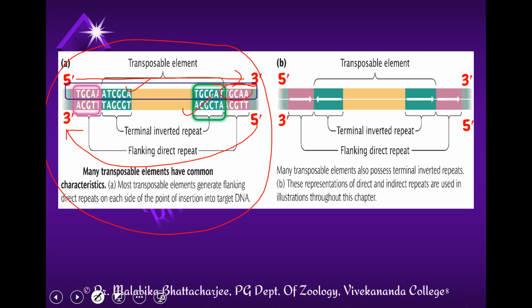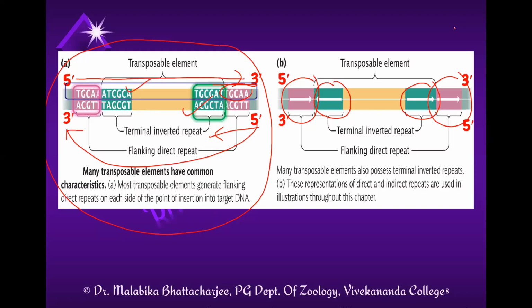Again, reading from this end, it reads 5' ATCGCA 3'. So all DNA sequences that are capable of jumping are flanked by inverted terminal repeats or direct terminal repeats. For ease of diagram, the inverted terminal repeats are represented in this manner in books, and the direct terminal repeats are represented in this manner in your textbooks.